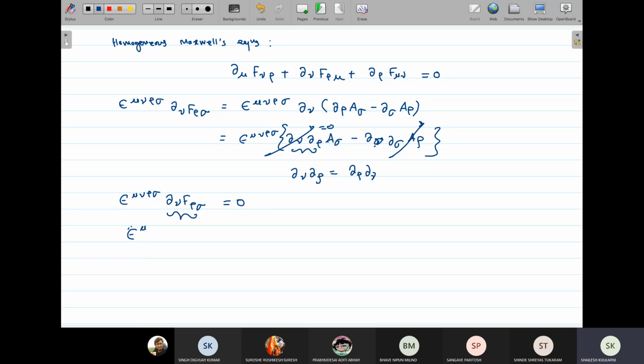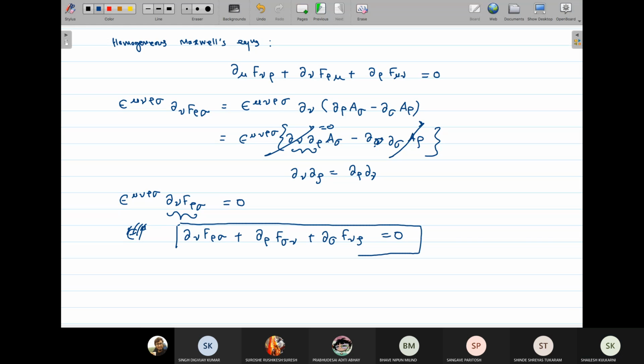So I will get del nu F rho sigma plus del rho F sigma nu plus del sigma F nu rho equal to 0. And this is what we got. So this is a very simple and elegant way of doing it.